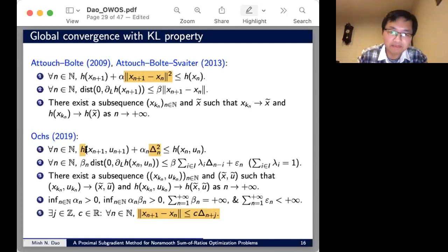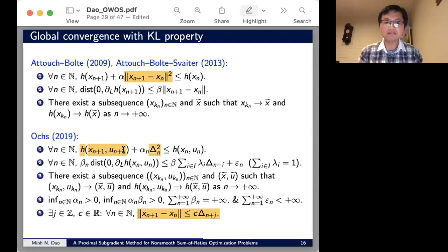But here we have two variables, xn and un, so we have two sequences, and this normally applies when we have an inertial step. For example, in our case, we have an inertial step.